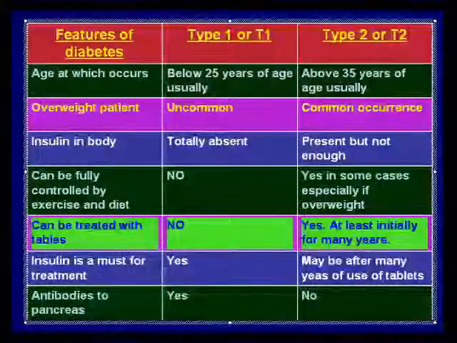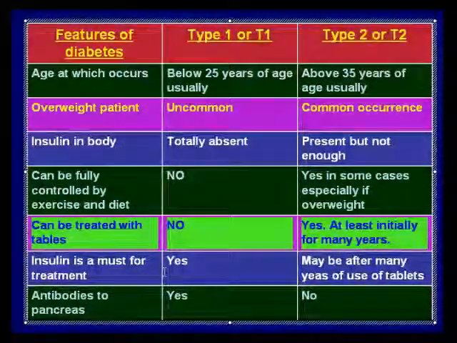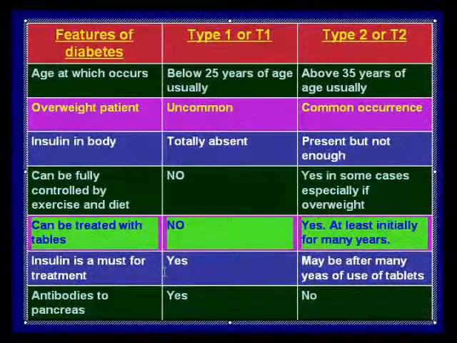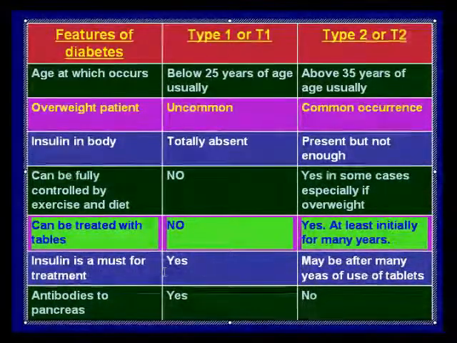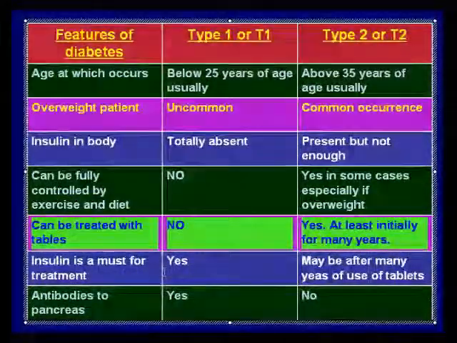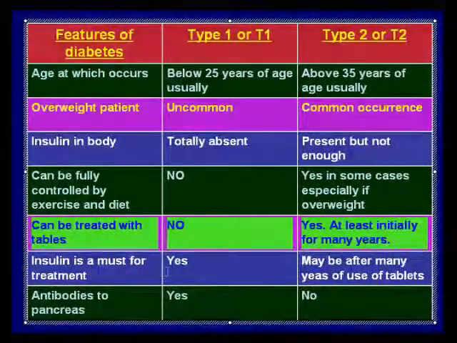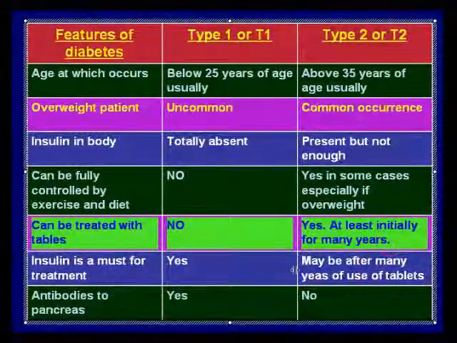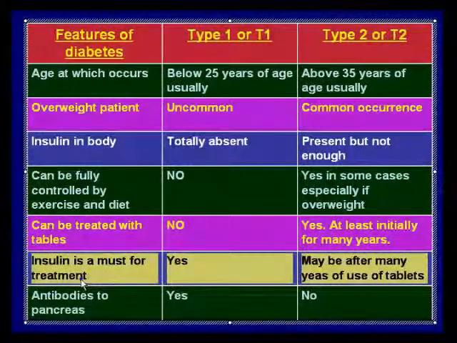For the same reason, if we look if the diabetes can be treated with tablets, type 1 diabetes cannot be treated with tablets. Type 2 diabetes can be treated by tablets, and it may be many years before the patient needs insulin. Now, is insulin a must for treatment?